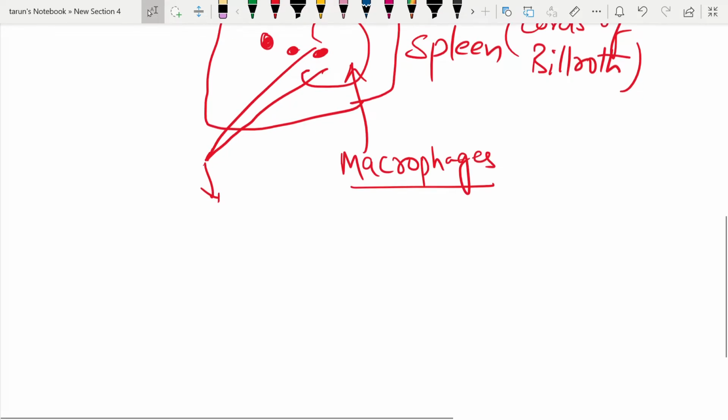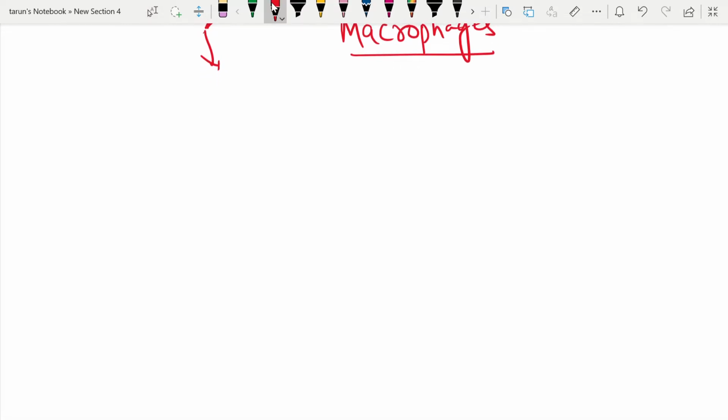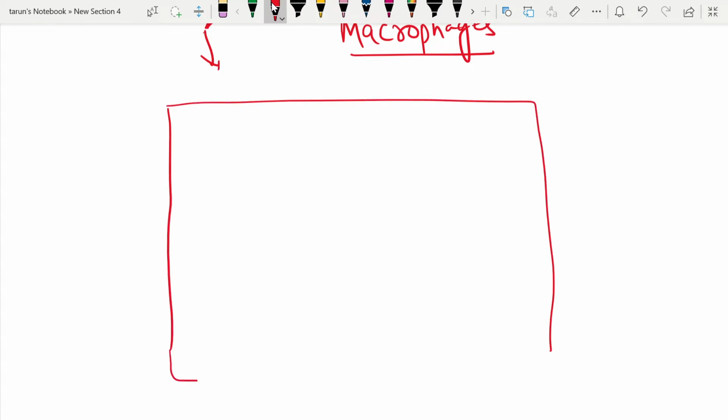I will draw a more detailed structure of the macrophage to see how these RBCs are destroyed. So this is the macrophage present in the spleen.